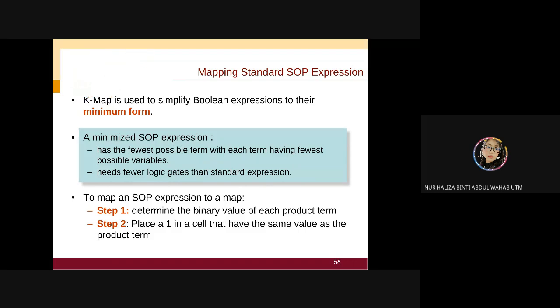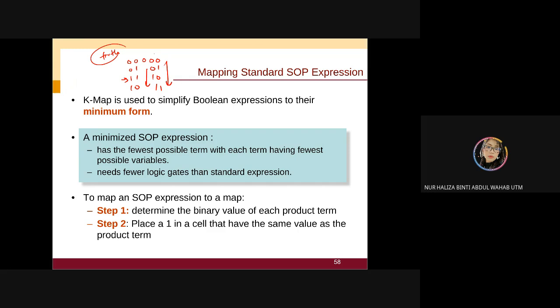Although you can have your truth table, the difference between truth table and K-map is that in K-map you have the sequence of 00, 01, 11, 10. Normally for your truth table, you're going to write 00, 01, 10, 11, following the sequence of 1 until whatever.